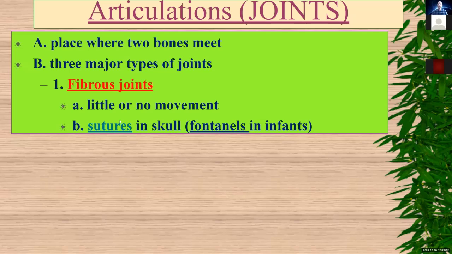An example of a fibrous joint would be found in the skull. In between the frontal bone and the temporal bone, there's an articulation, a joint. And that joint is made of fibrous cartilage.